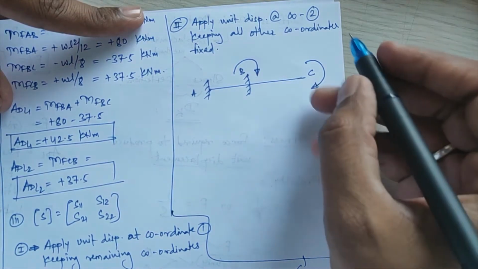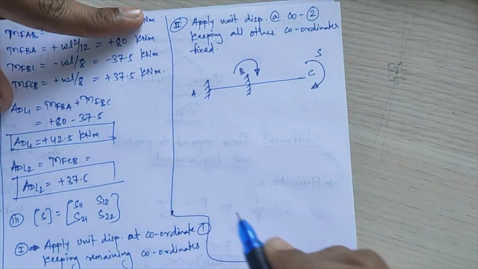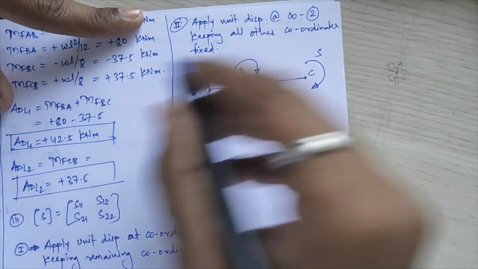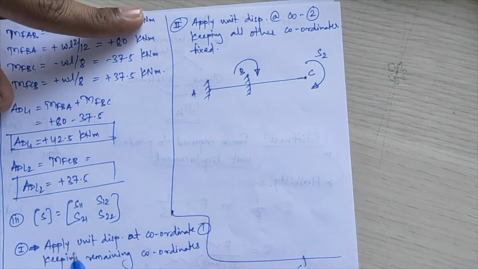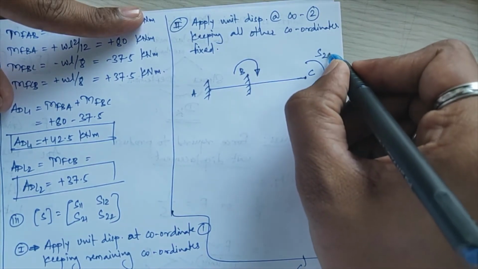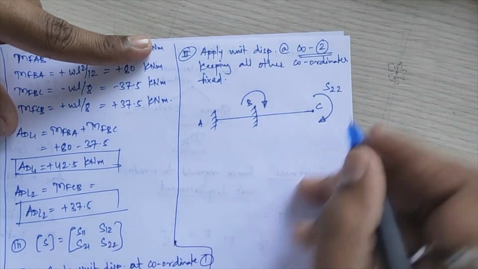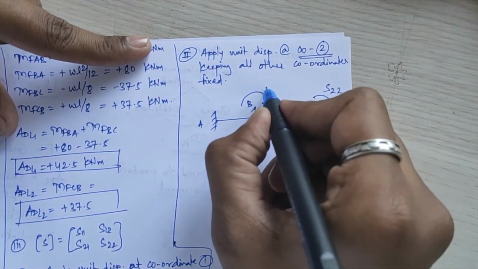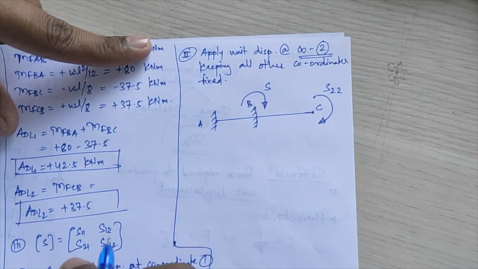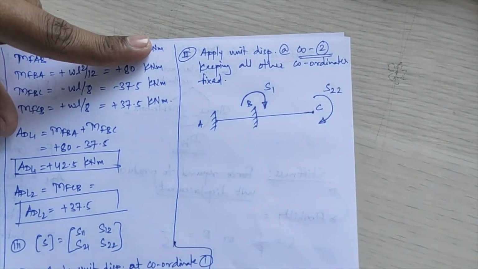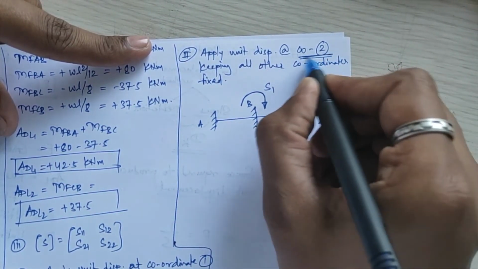Here first, stiffness you are calculating at point C, that is your second coordinate, when unit displacement is applied at your second coordinate. So this will become S of 2. Next, stiffness you are calculating at point B, that is your first coordinate, when unit displacement is applied at your second coordinate.